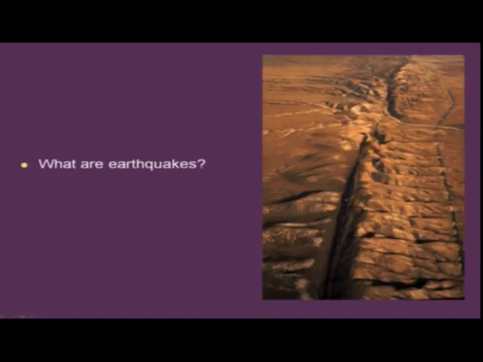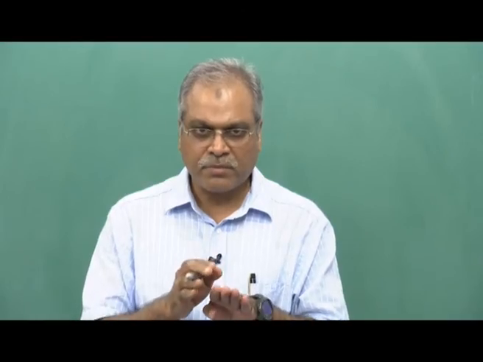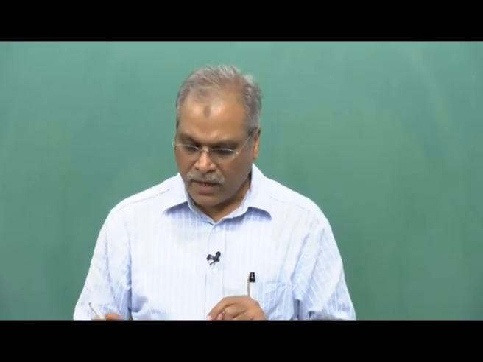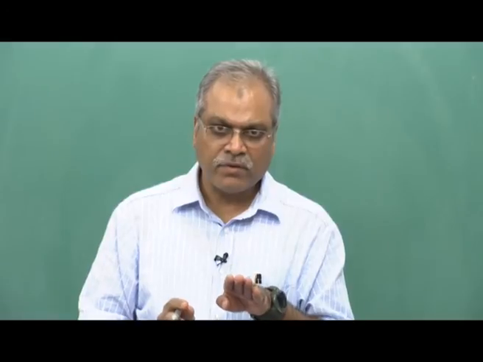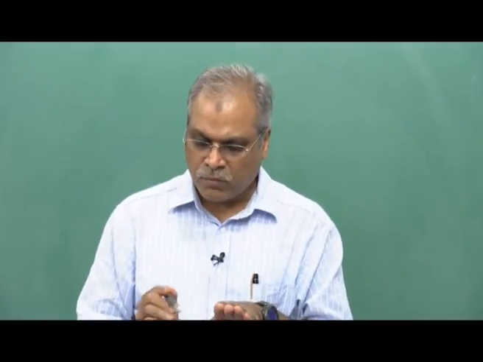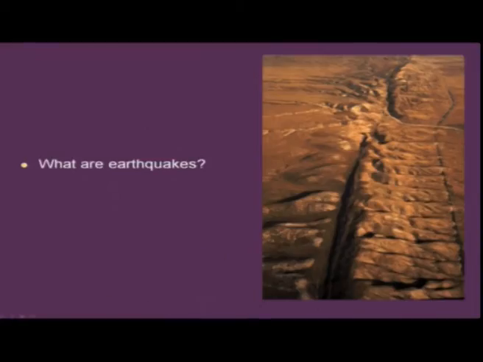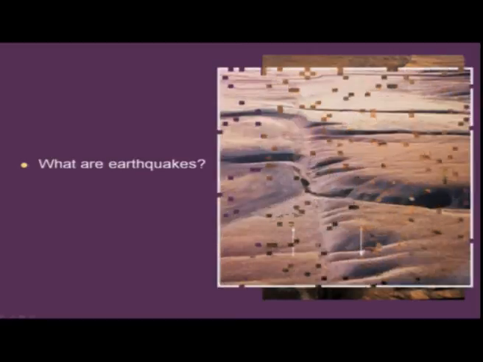Okay, so rocks are moved, and they will experience some sort of displacement during an earthquake, and that displacement will be manifested on the surface. So the manifestation of the crustal deformation on the crust is termed as fault lines. Okay, so we will see what the different types of fault lines are and all that. This is a famous fault line, the San Andreas fault system in the US.